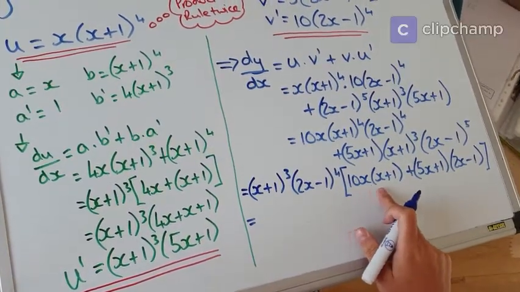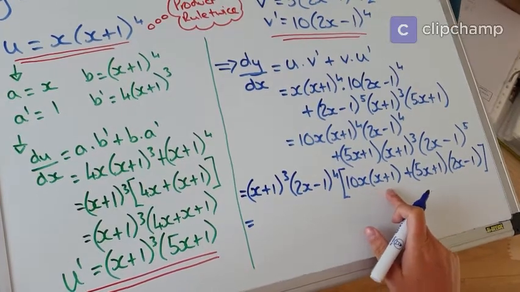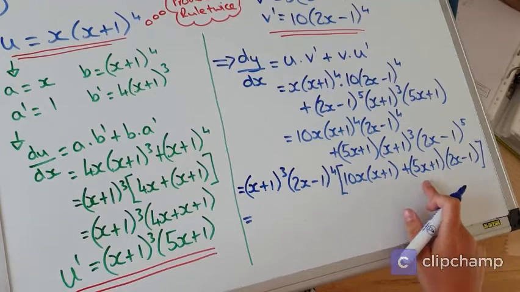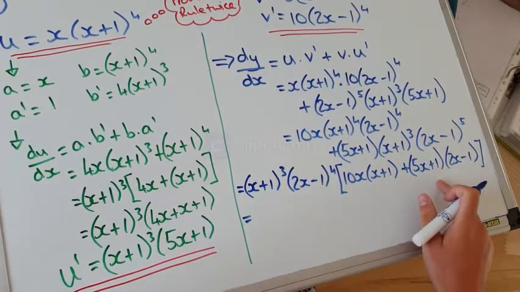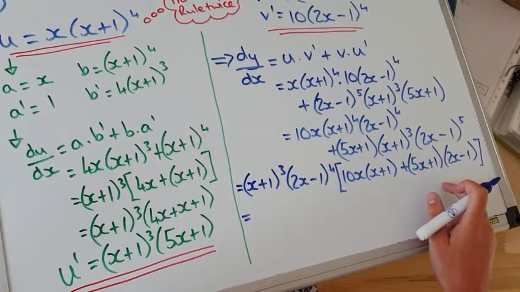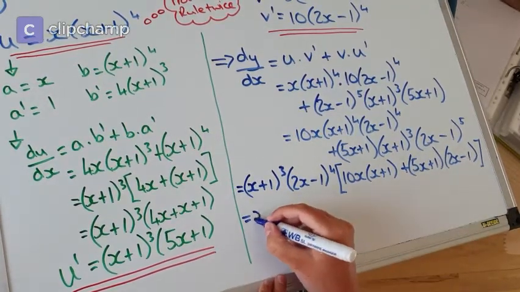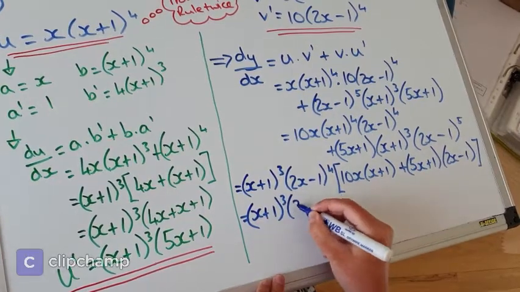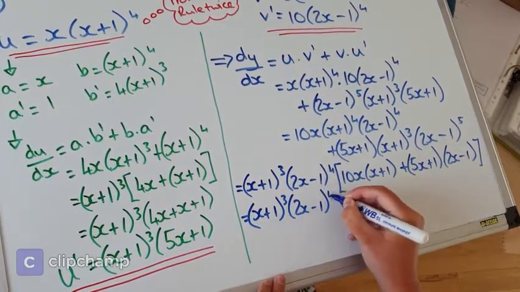What you can do now is, you can see when you multiply this out, you're going to get x terms and x squared terms and constants in here. Okay, and the likelihood is that we can multiply that out and then gather some terms together. So I'm going to leave x plus 1 cubed and my 2x minus 1 to the power of 4.